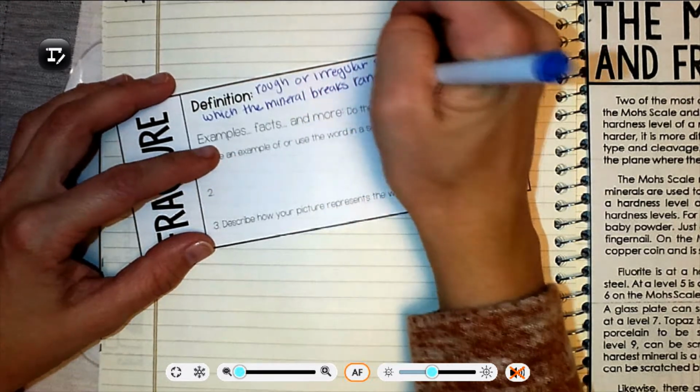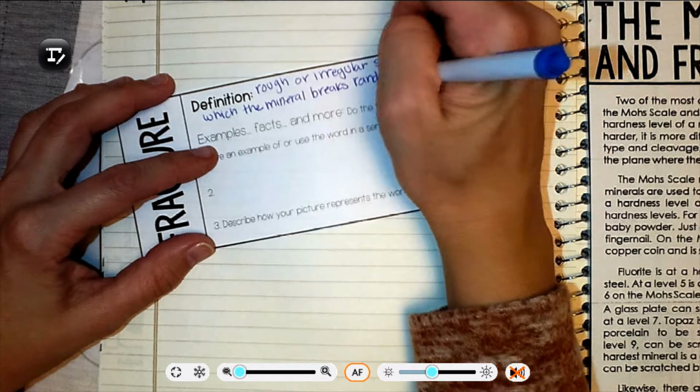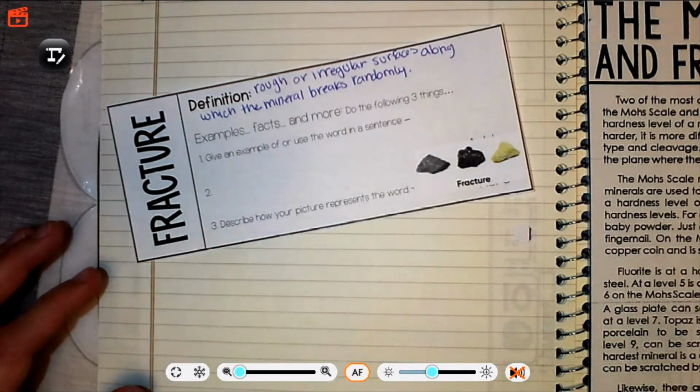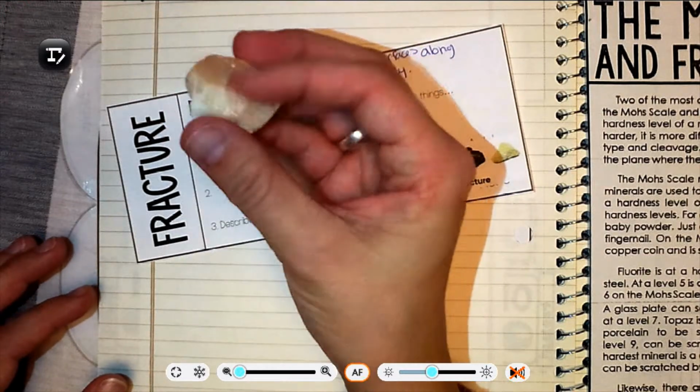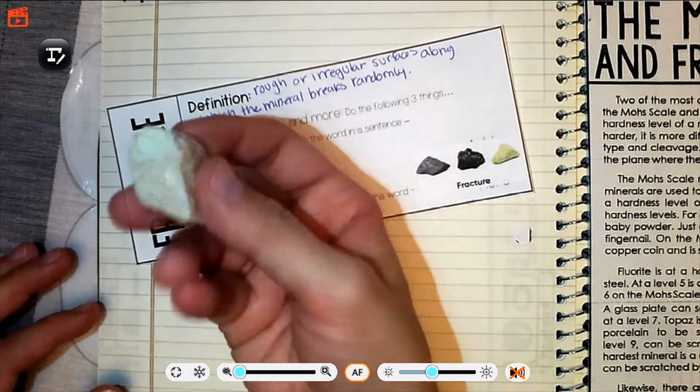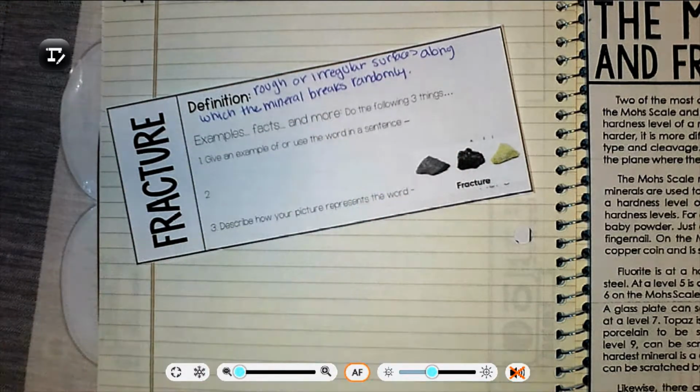So this is when a mineral breaks randomly. It doesn't look like a pattern or something like that. So like this one would maybe be a little bit more of a fracture, but that's still pretty much a cleavage.